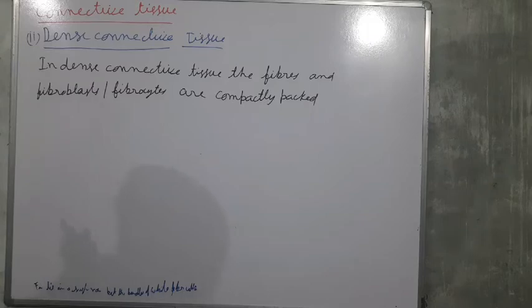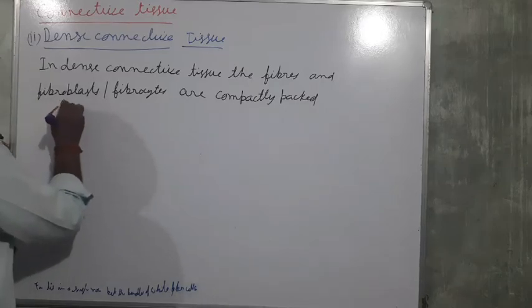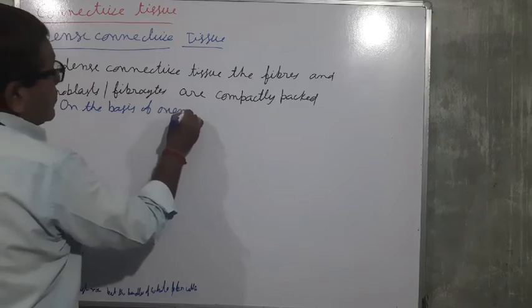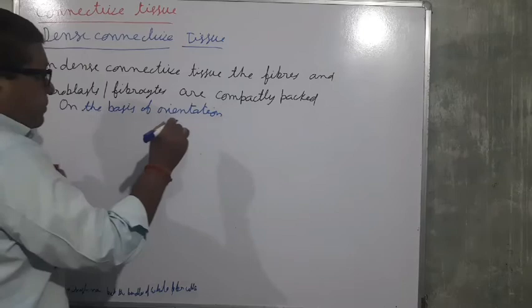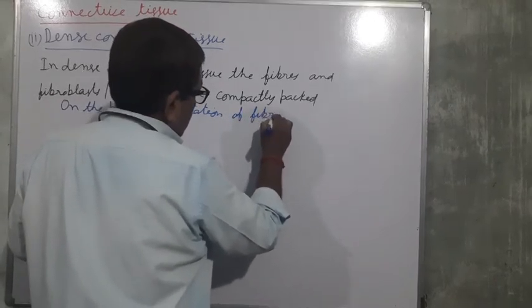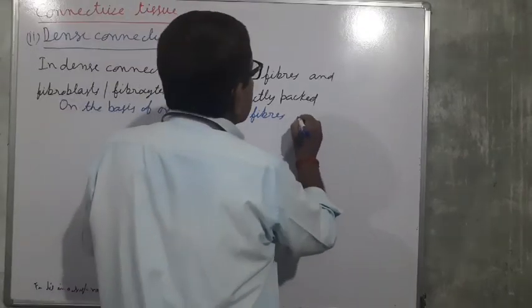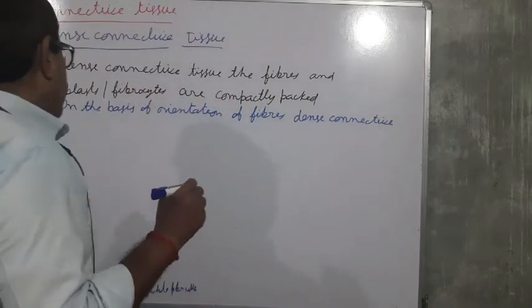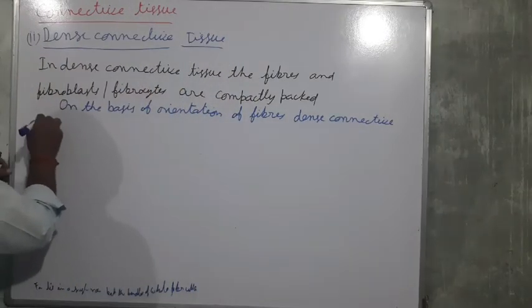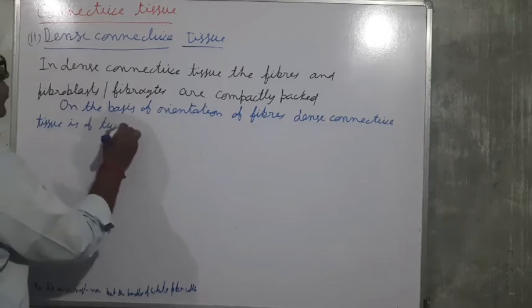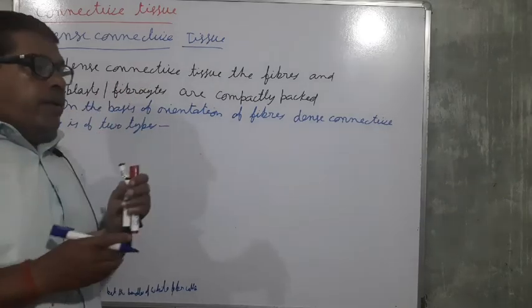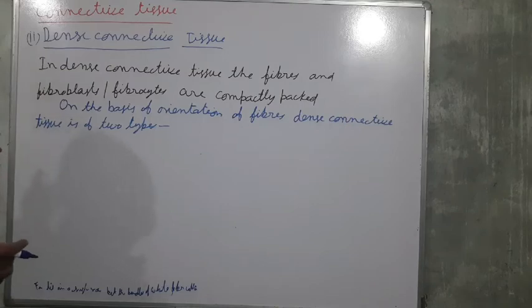On the basis of orientation of fibers, dense connective tissue is of two types.